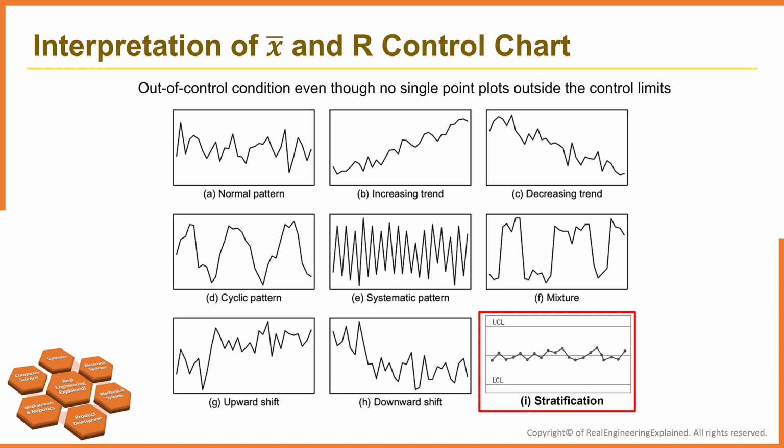In this case, R incorrectly measures the variability between the different underlying distributions. In Minitab, use tests for special causes to determine which observations you may need to investigate and to identify specific patterns in your data.